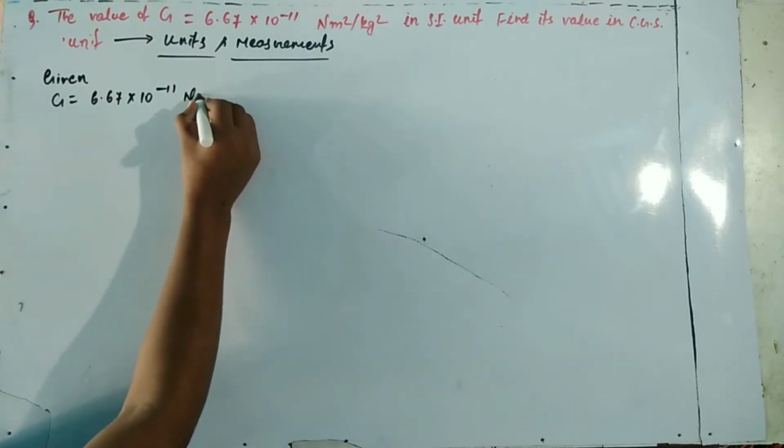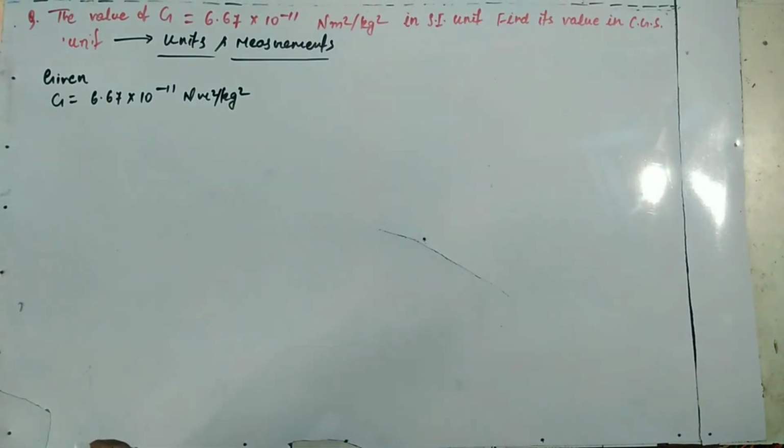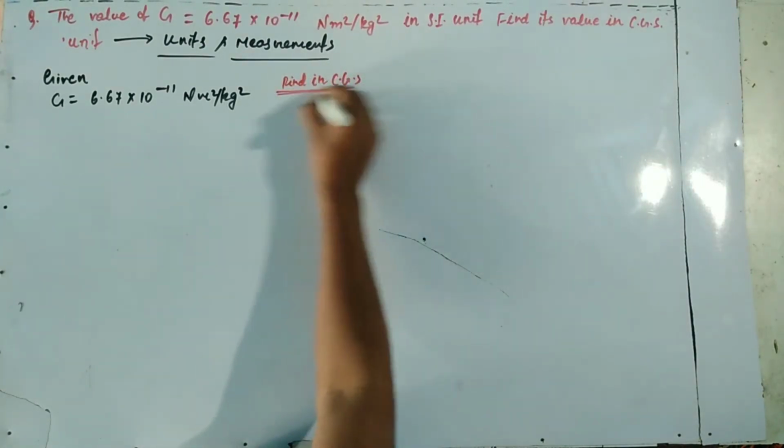G equals 6.67 into 10 to the power minus 11 Newton meter square per kg square. We have to find the value in CGS unit.